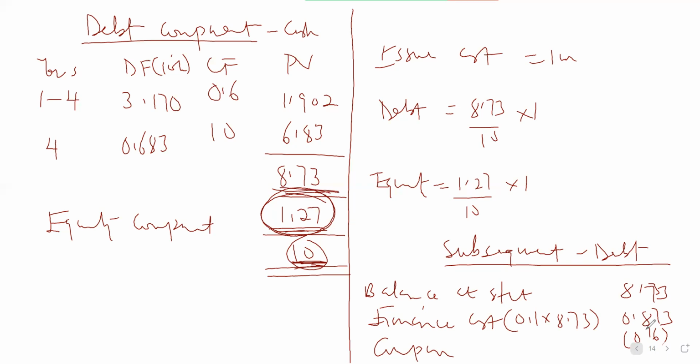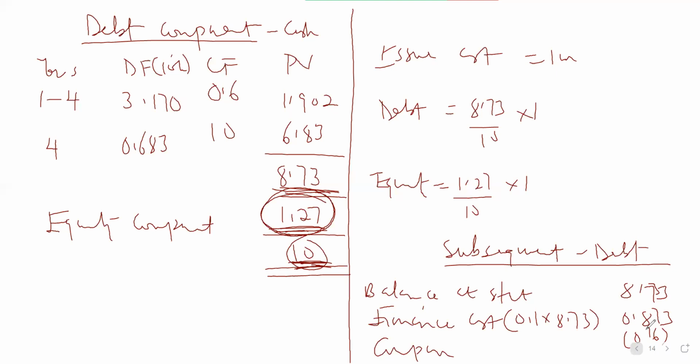But instead of them having all the 10 million as debt, it is now 8.73 for debt and 1.27 for equity. So the effect of the 1.27 on our capital structure or our gearing ratio, if it should be a debt instrument, will now be neutralized.